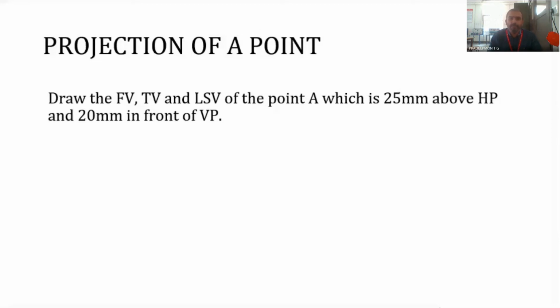The procedure for drawing the right side view is similar, but in the opposite direction. It will be in the opposite direction depending on in which quadrant this particular point falls. In this case, the point A is 25 millimeter above HP and 20 millimeter in front of VP, that is, the point is in the first quadrant.